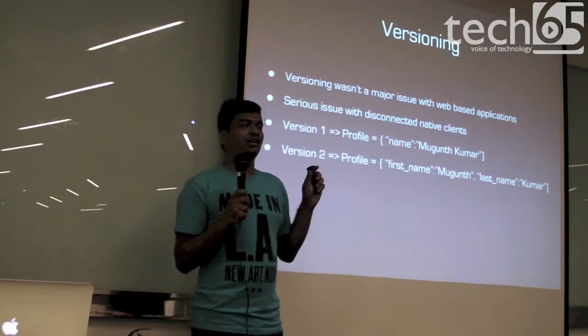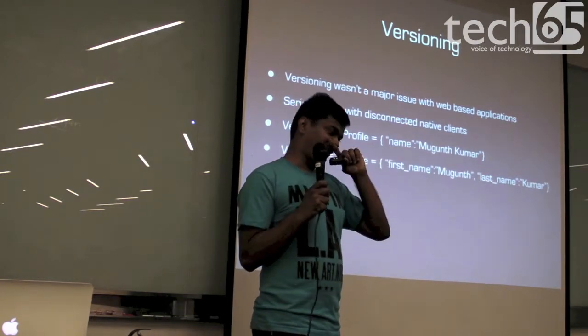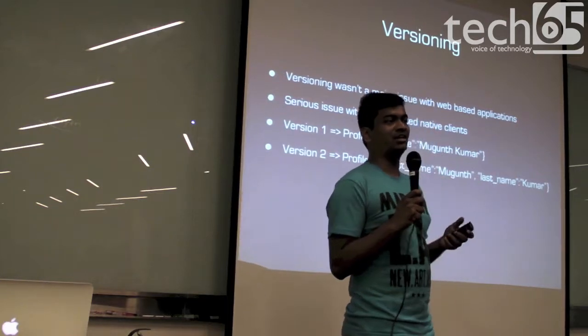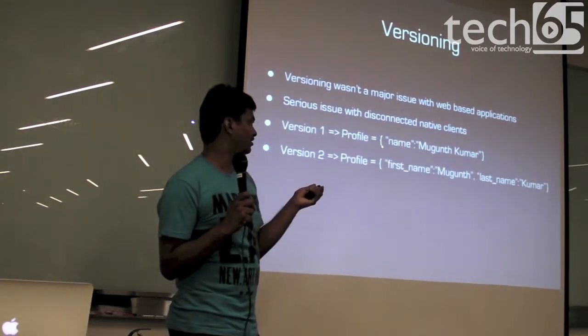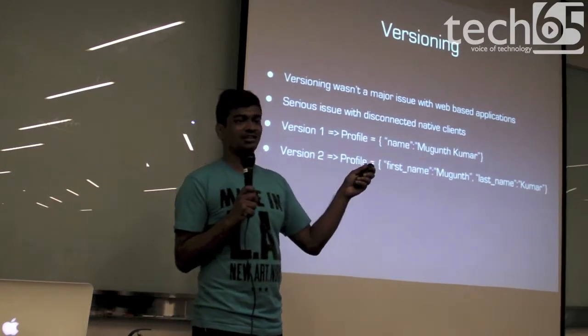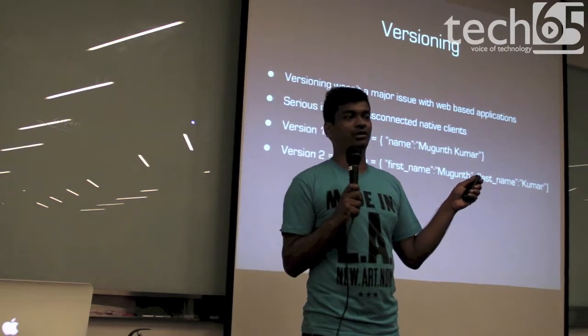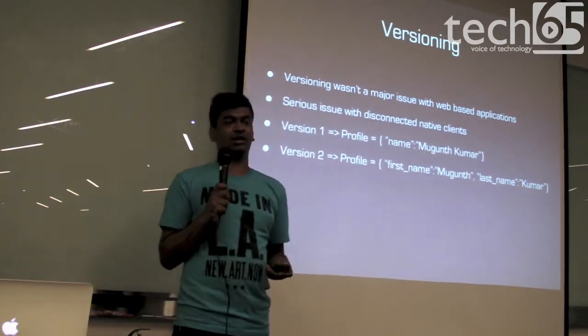Version 2 expects the keys to be first name and last name. So when you have both a version 1 client and a version 2 client talking to the same API server, you have to somehow send this to the first request coming from version 1.0 of your client, and this to the second request coming from a newer client, right?